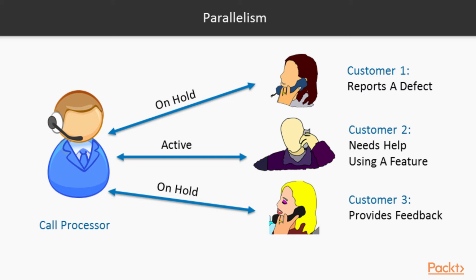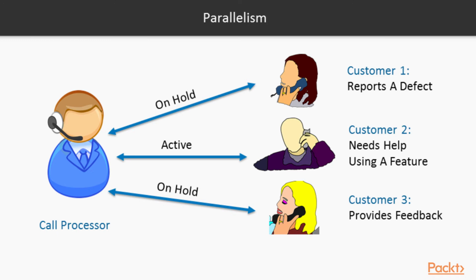The first customer wants to report a defect. The second customer needs help on using a feature. And the third customer wants to provide their feedback. The needs of each customer is independent of one another.